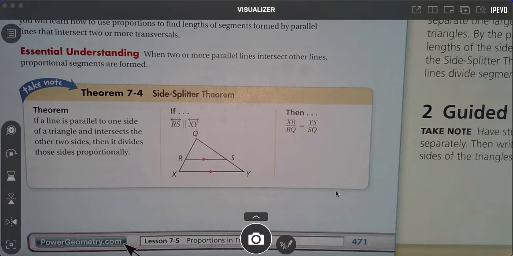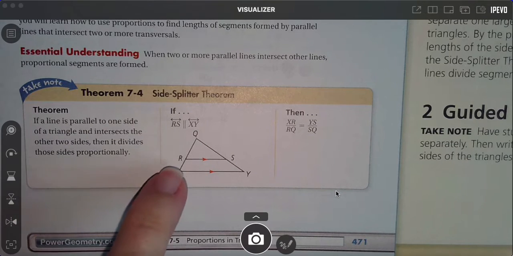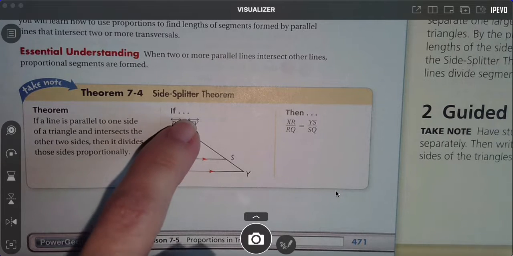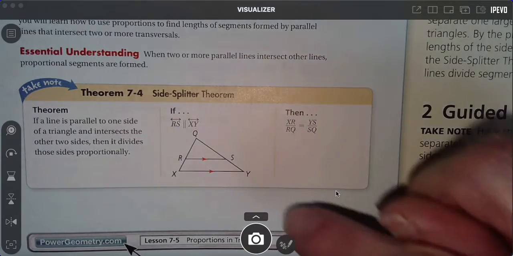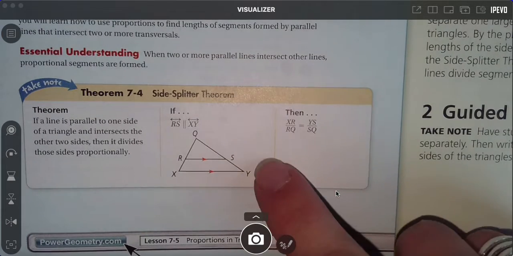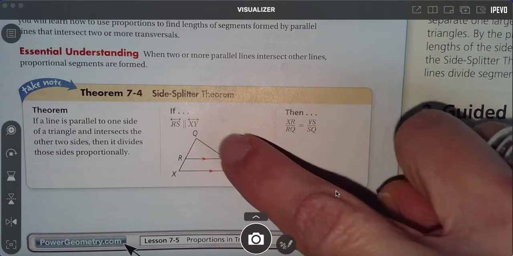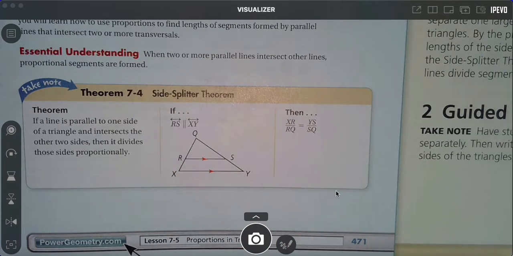And if you know that, then you can set up proportions. It's saying that this little segment over this bigger segment would be equal to this little segment over that bigger segment. They're just saying it's proportionate.